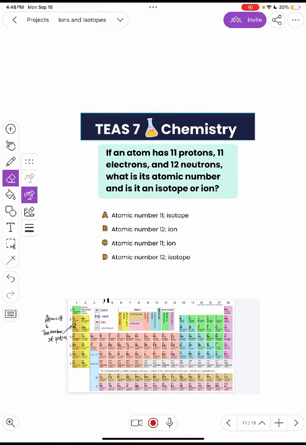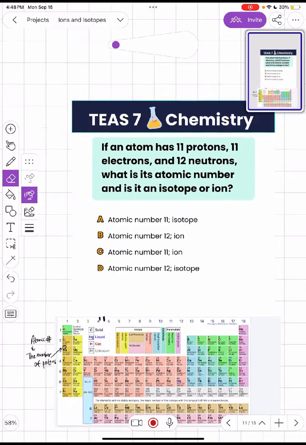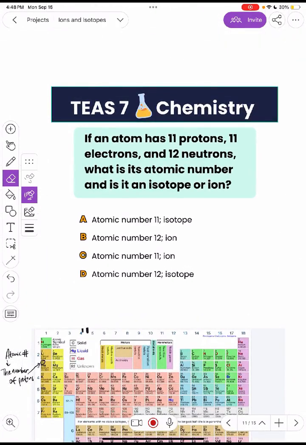So, if an atom has 11 protons, 11 electrons, and 12 neutrons, what is its atomic number? And is it an isotope or an ion?